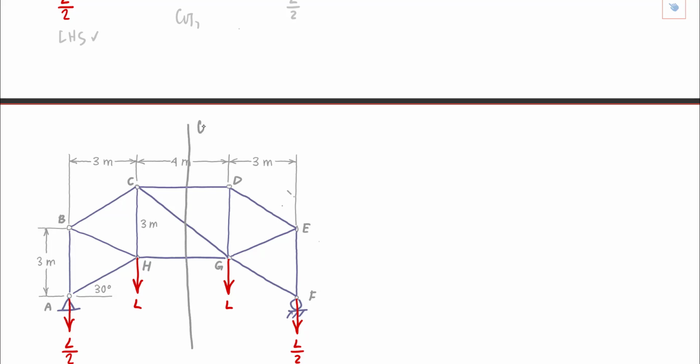So I made my cut. And I'll just go ahead and draw it on here. I'm making the assumption that from the left-hand side, and I'll box that, everything's in tension. Again, I'm making that assumption.